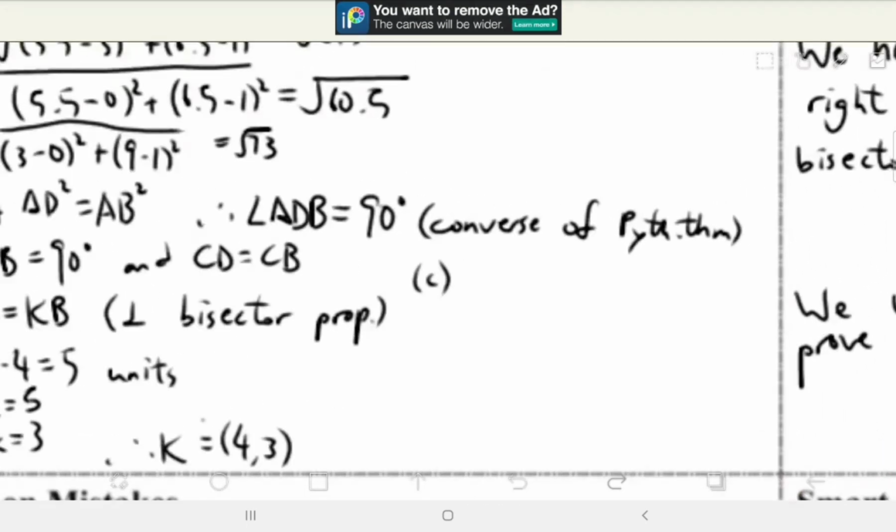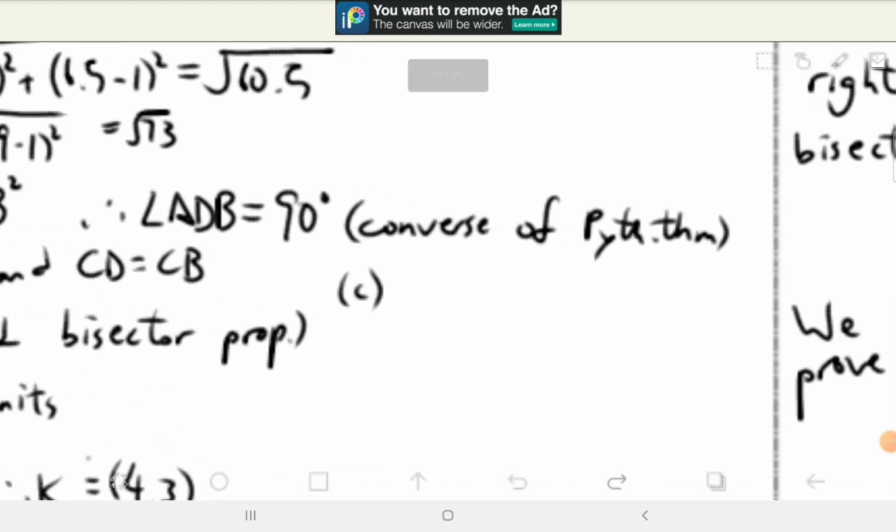Lastly, in 2c, we can also use the converse of Pythagoras' theorem to prove that KB is perpendicular to CE. Now we calculate the sizes of the triangles again.